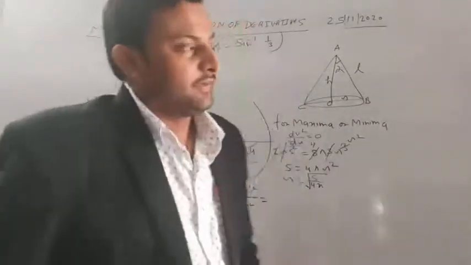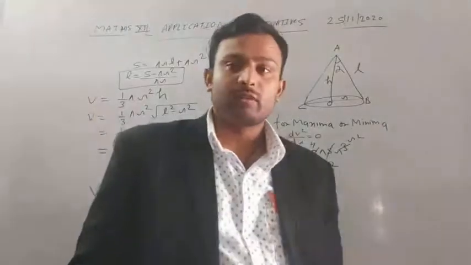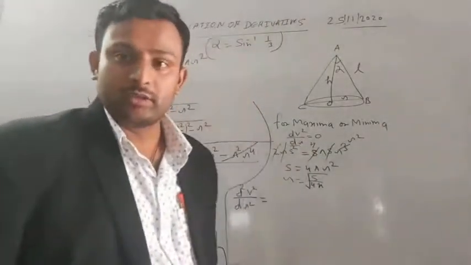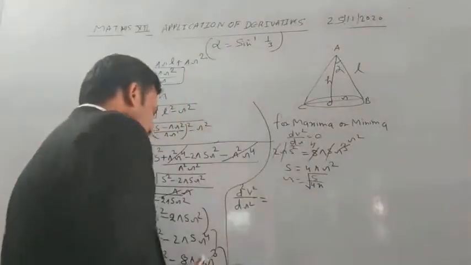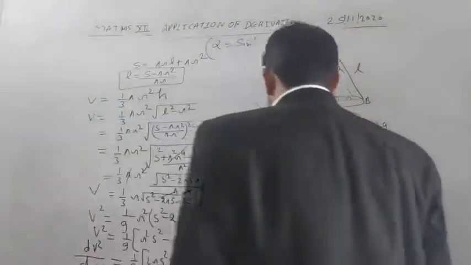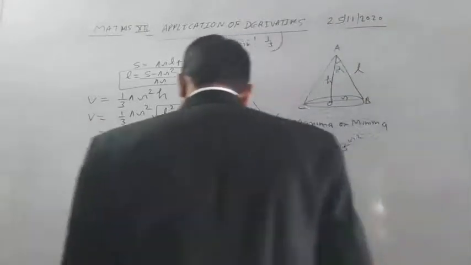If it gives us a positive value, then we say it gives us minima, for the same second derivative at that point, which we have to find from the above.